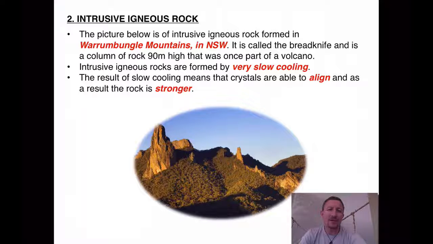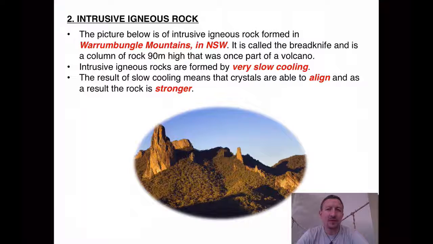And what happens is the surrounding rock acts like an insulator. So it keeps the rock hot, and it gives the opportunity for the crystals to realign. And because they are able to align themselves, the result is they can become very hard. And as a result, intrusive rock tends to be a darn sight harder than any of the extrusive rock.